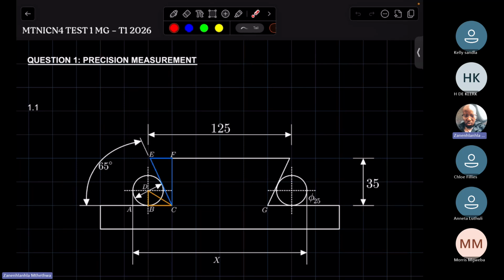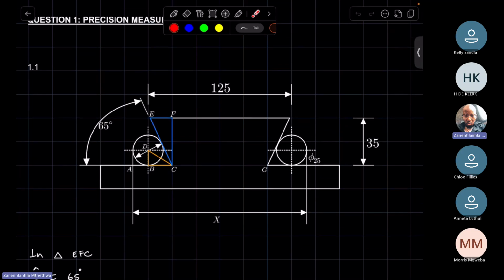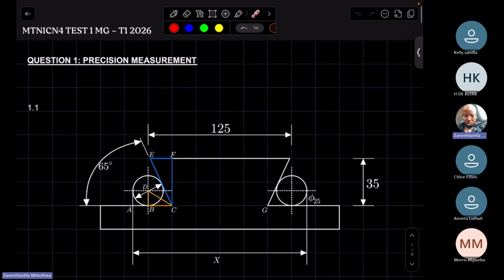Right. So everyone has a question paper, right? The first thing I want us to look at is the memo for the first assessment, which perhaps I can open both of these here.